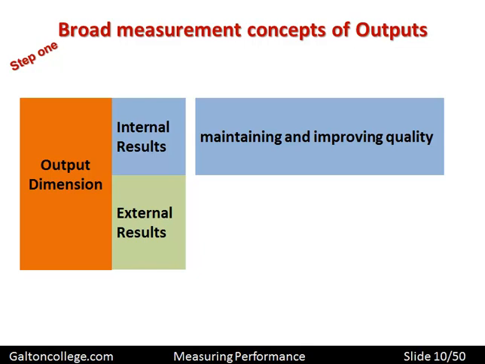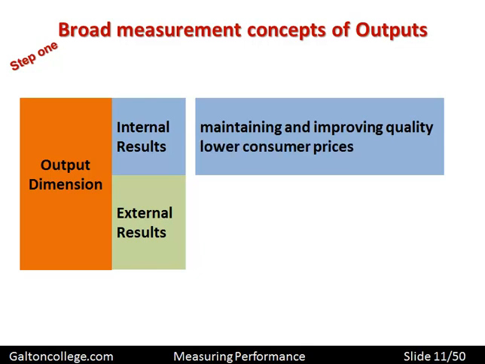Lower consumer prices might be taken as a part of the internal results. If the business is efficient in doing what it does, then lower consumer prices may be the result.